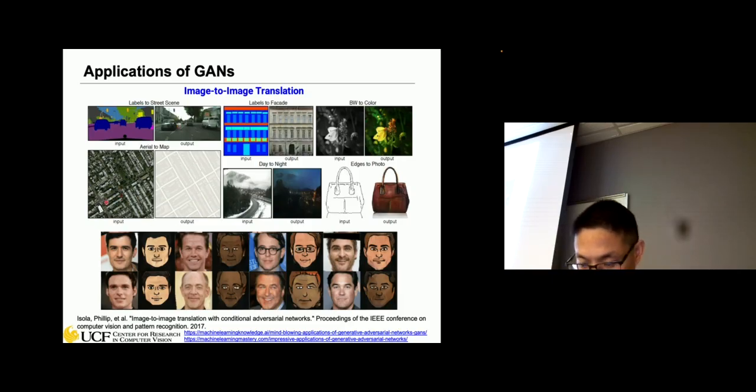Similarly, in other applications, you can take a grayscale image and generate the corresponding color counterpart.